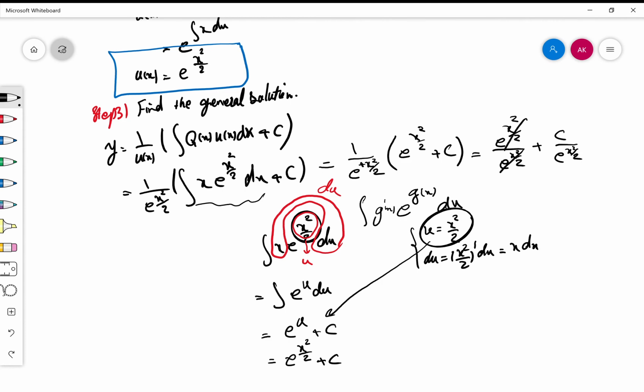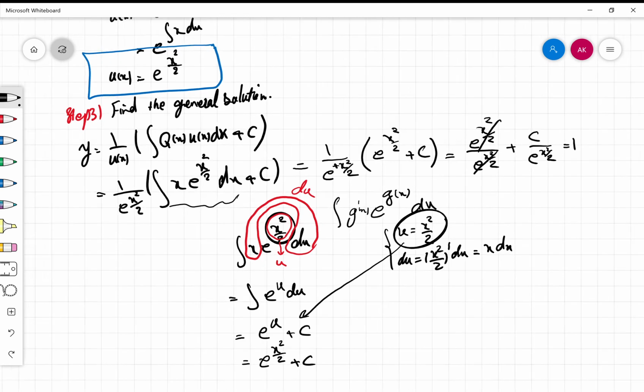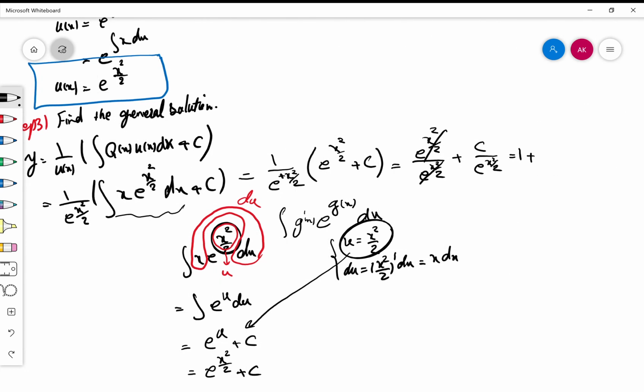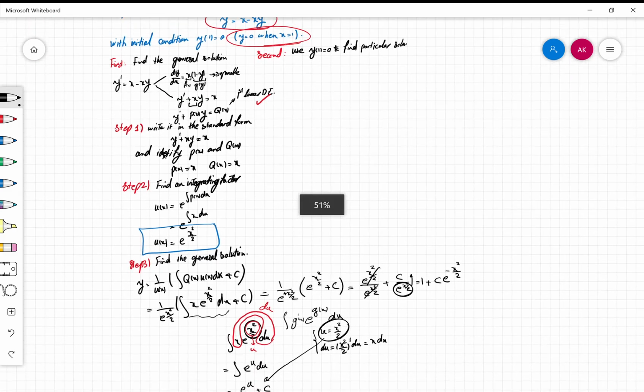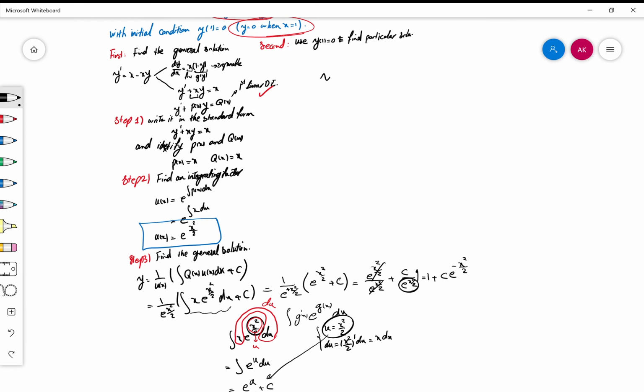This cancels with that, and I get 1 plus c. I can take this up there and write it as e to the power minus x squared over 2. So the general solution we found is y equals 1 plus c e to the power minus x squared over 2. So that's the first part.